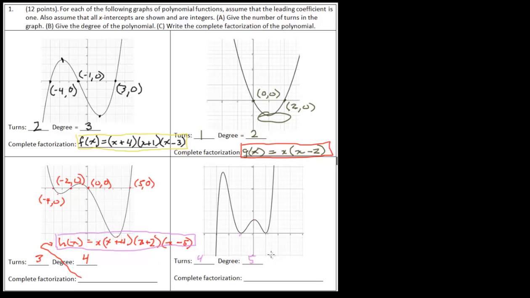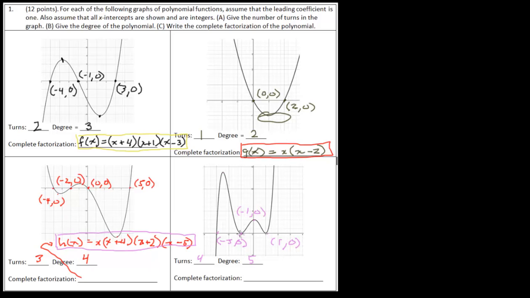So we need to find 5 zeros. Now, this one's interesting because we do have an intercept here at negative 3, 0. Then we have an intercept here at negative 1, 0. And we have an intercept here at 1, 0.